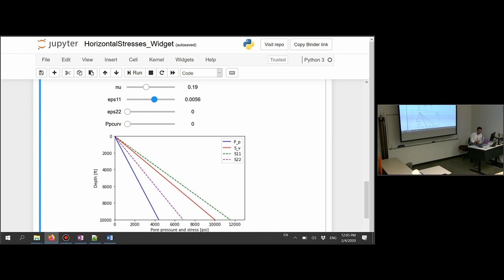Strike slip. And if now I not only push in one direction, but I push in two directions, I may be in a condition in which both horizontal stresses are larger than the vertical stress, and now this is a reverse faulting stress regime.